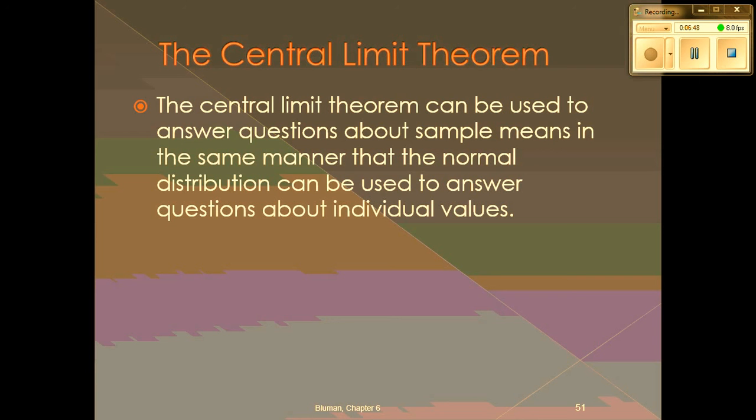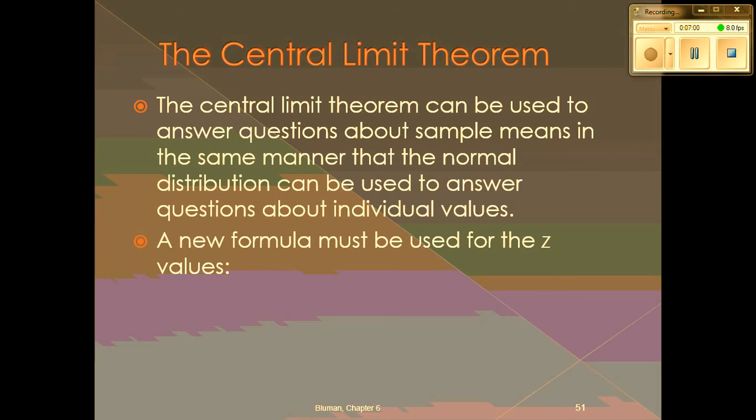You have to keep in mind that when you're taking a bunch of samples and calculating the means, each one of those means should be treated as its own individual data value. Okay, so the z-score basically stays the same. Just understand that this is the mean of the samples and this is the standard deviation of the samples. But because the mean is calculated the same, we can leave that the same. But remember, the standard deviation is calculated differently.